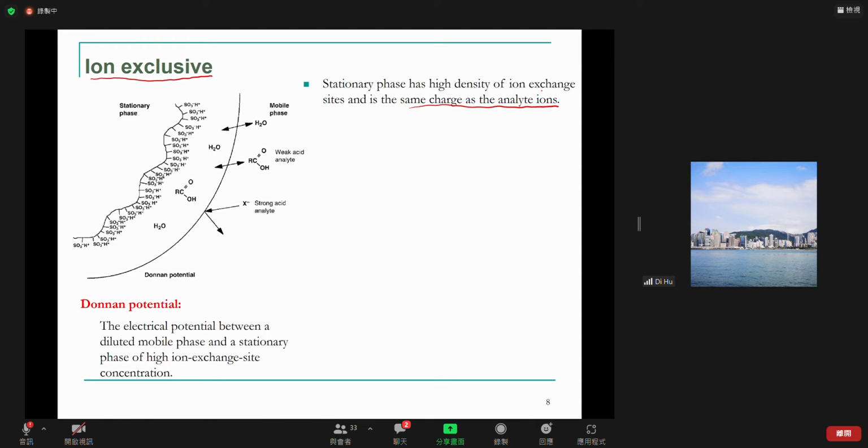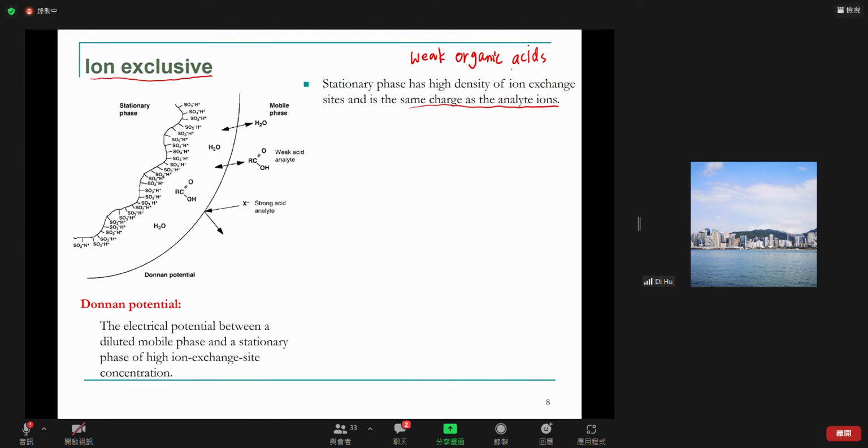We say ion exclusion chromatography is often used for weak organic acids.